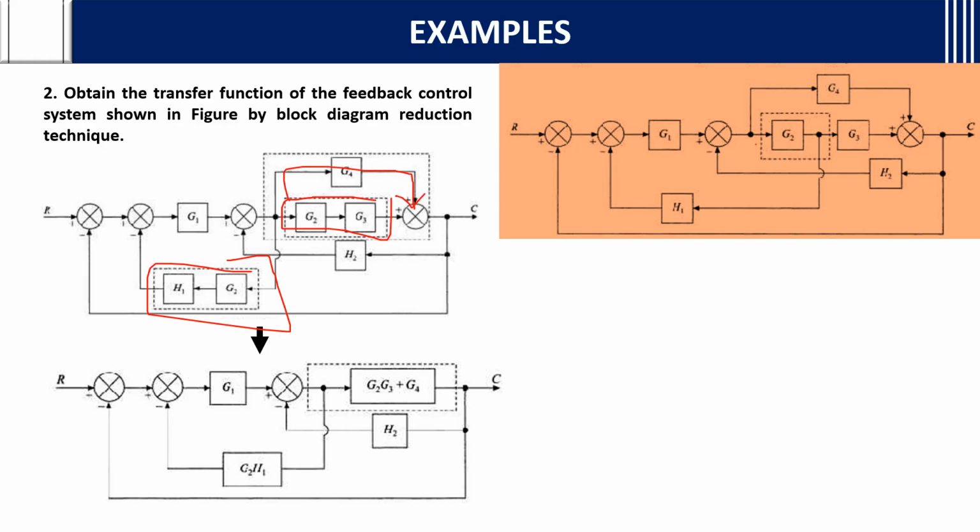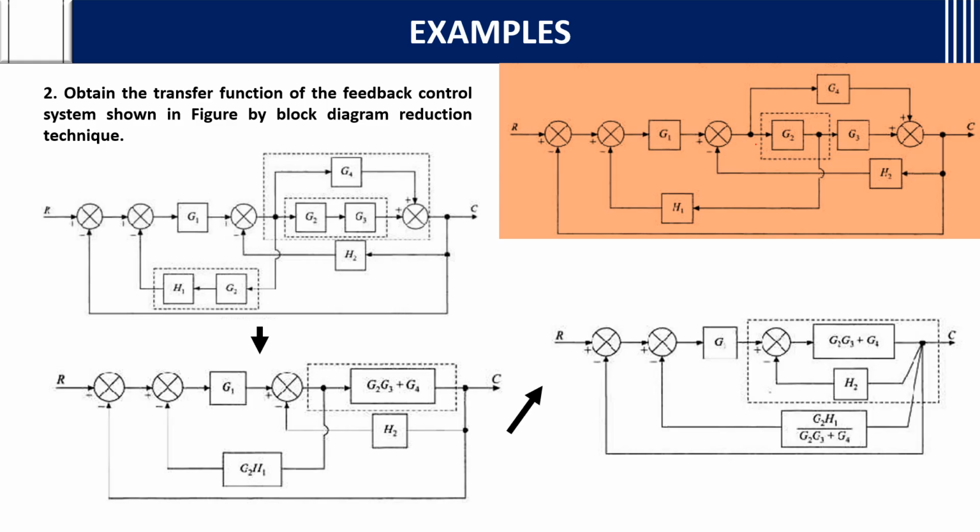So G2 G3 plus G4 you can do, and G2 H1 you can write. After this, if you analyze this block diagram, I highlighted this block where you can shift this takeoff point to this. Why? Because all three takeoff points will be the same then. So if you shift here, it will become easy.